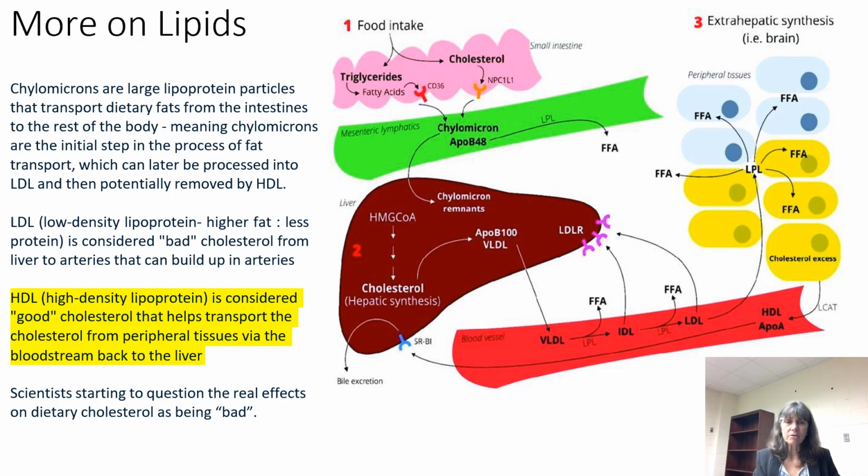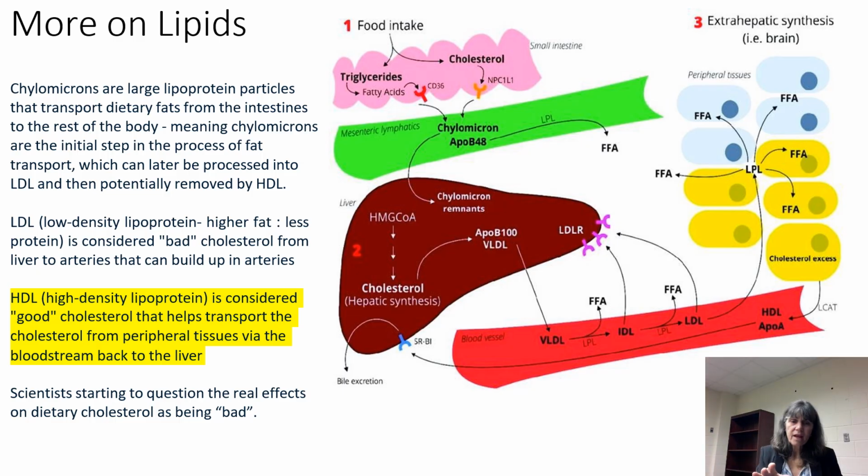So low-density lipoproteins are where there's a molecule that has a fat to protein ratio that's higher fat, less protein. It's considered the bad cholesterol that's coming from the liver to the arteries, and it could potentially build up in the arteries. Now, there is some controversy about that, but we're going to stick with it for now. High-density lipoproteins are considered the good cholesterol that help transport cholesterol from the peripheral tissues, from the bloodstream, back to the liver.